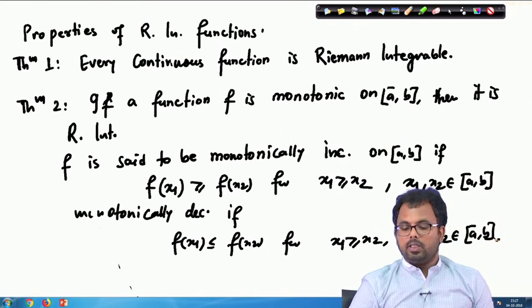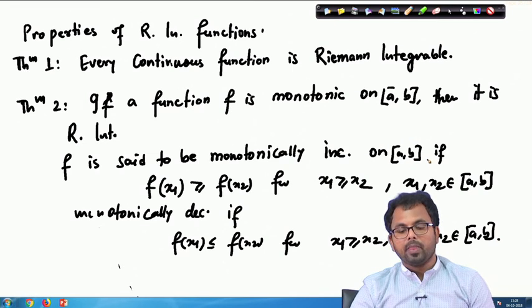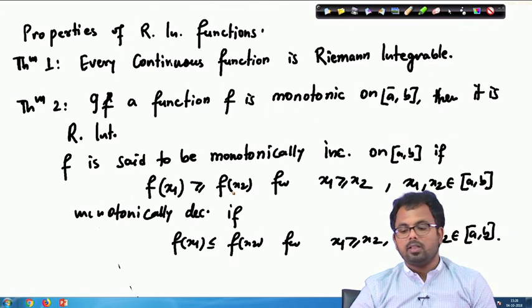Here we can see that if a function is monotonic, let's assume it is monotonically increasing on this closed interval a, b, then of course it is bounded, and all we have to show is whether UPF minus LPF is less than epsilon or not, and that will ensure Riemann integrability.